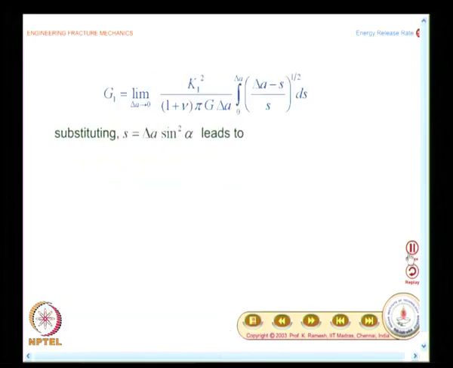So, the expression looks like this. I have G 1 equal to limit delta A tends to 0, k 1 squared divided by 1 plus nu pi into g delta A integral 0 to delta A, delta A minus s divided by s whole power half.